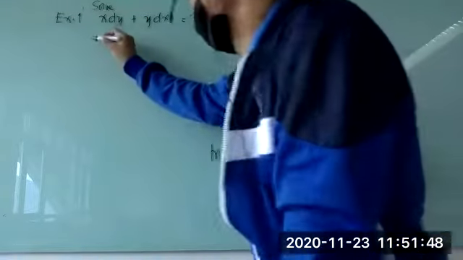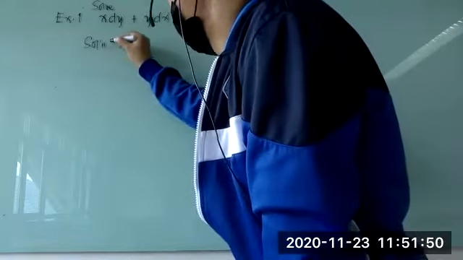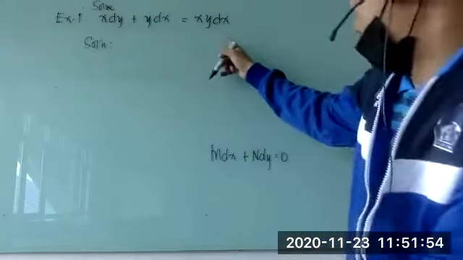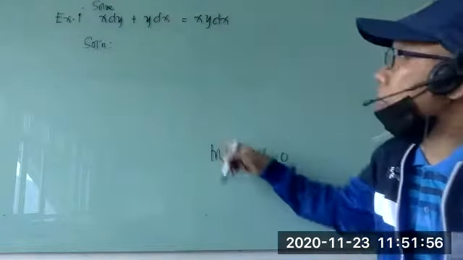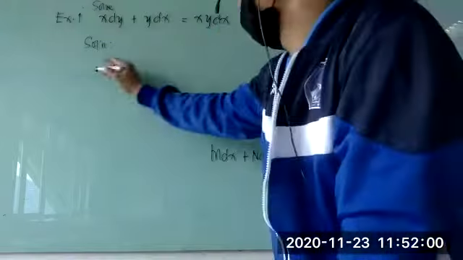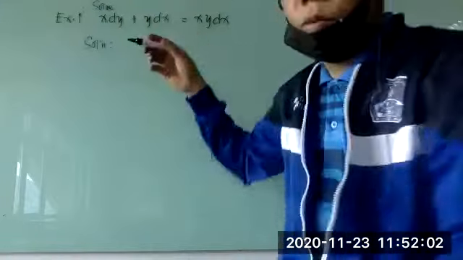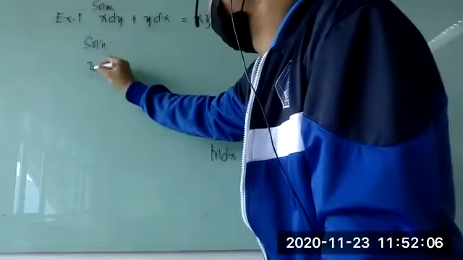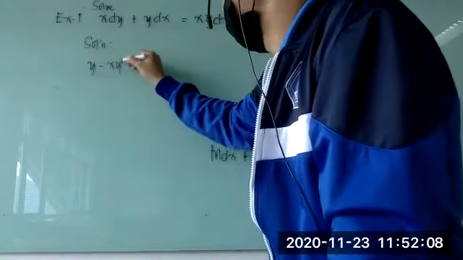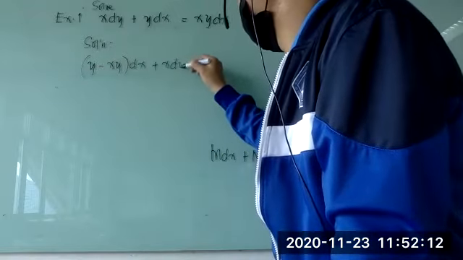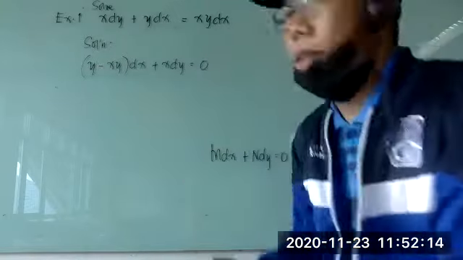Let me just rewrite the solution. So we arrange that into this format. If you transpose this, it will become negative. Then factoring out dx, we have y minus x times y dx plus x dy equal to 0.